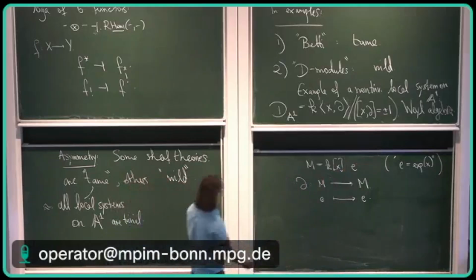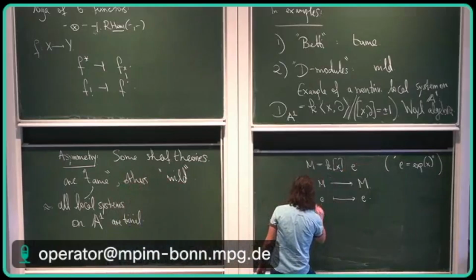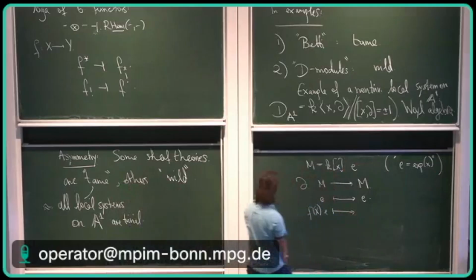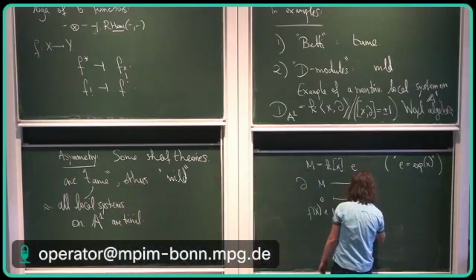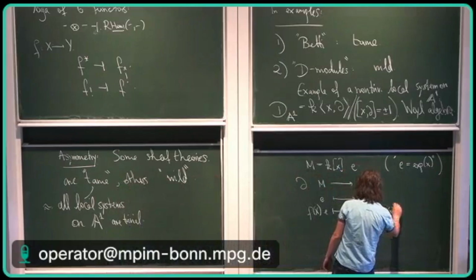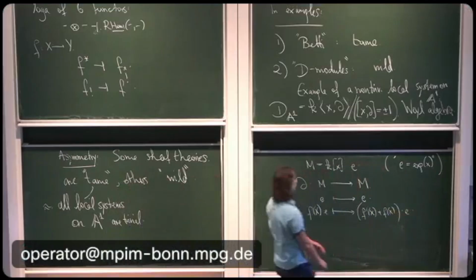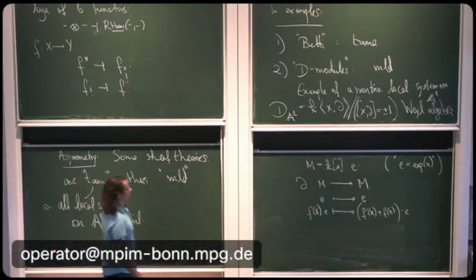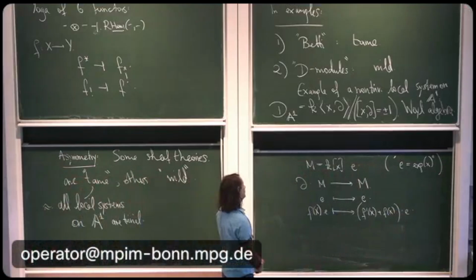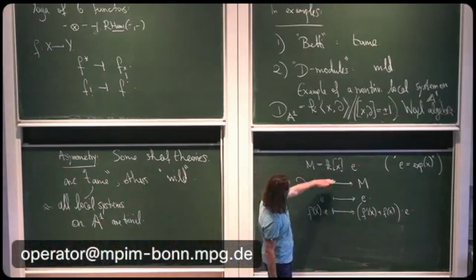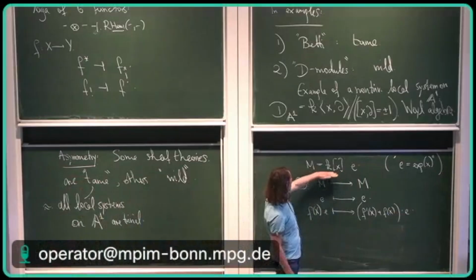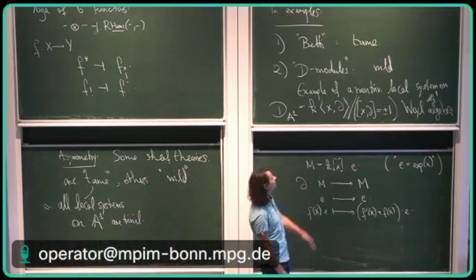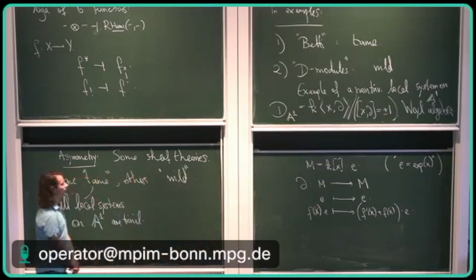So if you have some f of x times E, then just by the Leibniz rule, this must go to f prime of x plus f of x, times E. And this is just, as a bare module over K[x], free of rank 1. This means it's a local system.